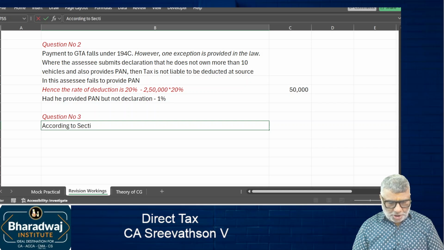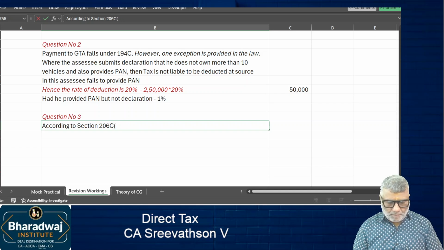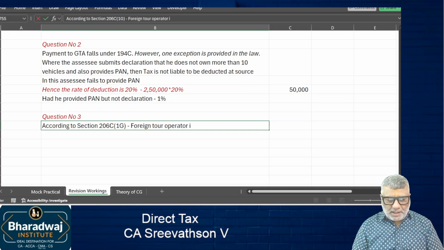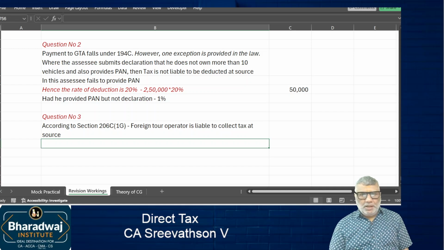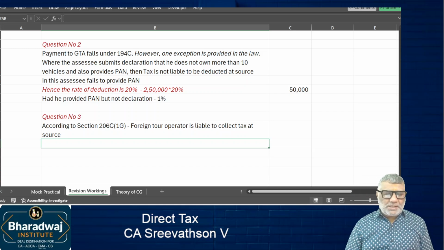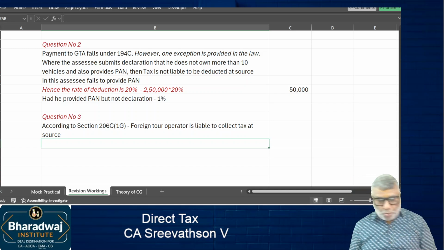According to section 206C(1G), a foreign tour operator, that is an overseas tour operator, is liable to collect tax at source.